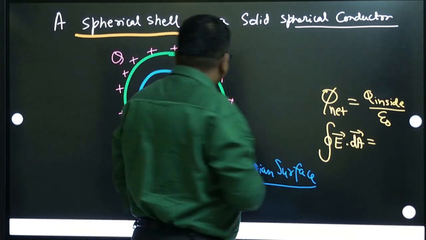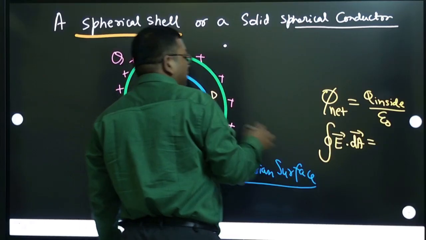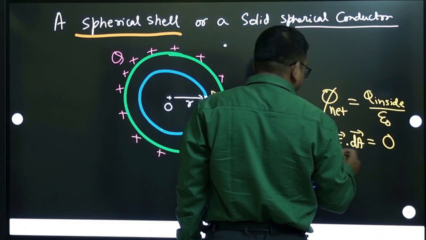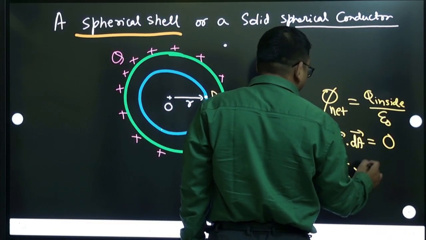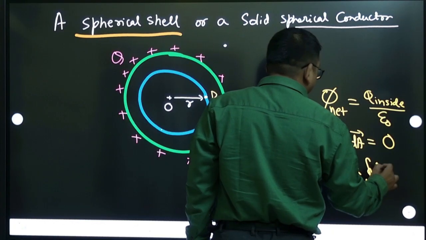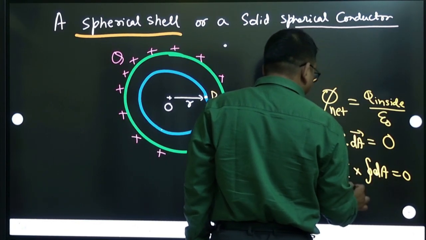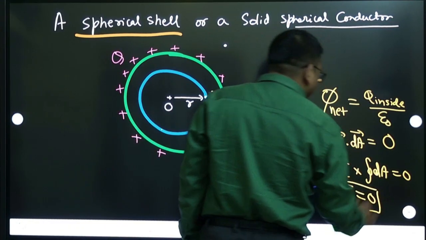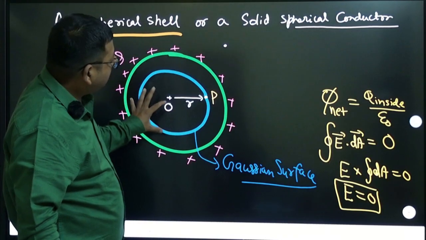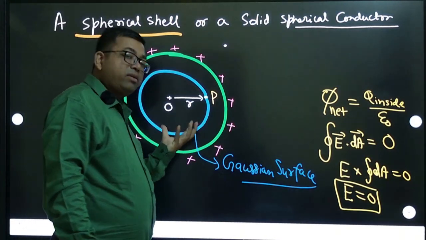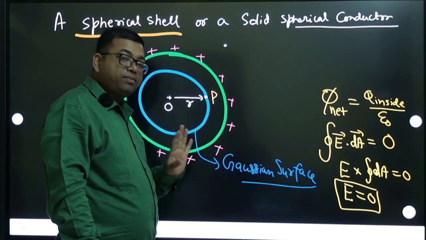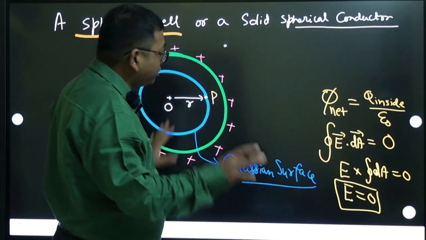So for this point P, there is no charge inside, so this becomes 0. From here you can write E times the integration of area is equal to 0. So definitely the field here is going to be 0. That's how we get this concept that the field inside a spherical cell or inside a solid conductor is going to be 0. That's a very important result. We got field 0.